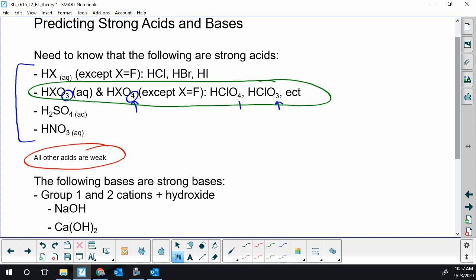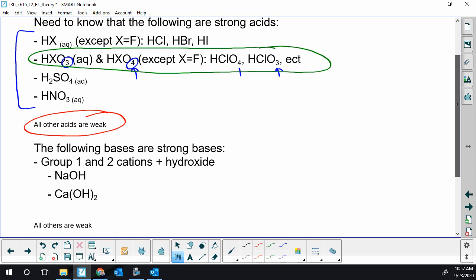The bases, there's nothing new. I laid this out in Chem 20. Your strong bases are group 1 cations and hydroxide and group 2 cations and hydroxide. All others are weak. And this course is really focusing on these weak ones. That's where we're going to live in equilibrium acid-base chemistry.